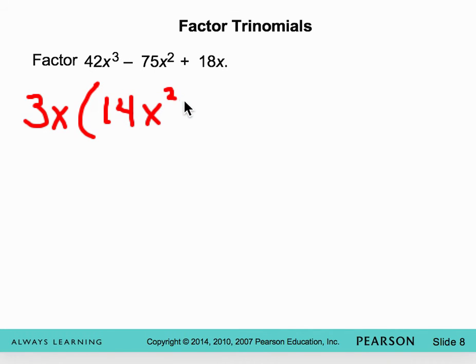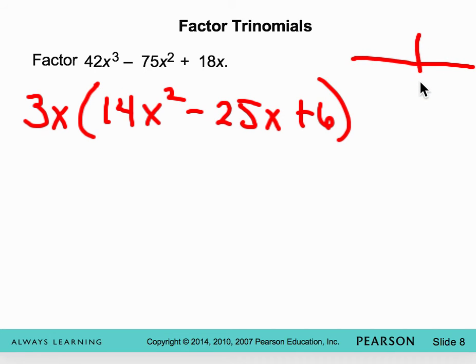Now, if I didn't know it, go over and say, what's 42 divided by 3? If I factor a 3x out of this term, it's going to leave 25x. And if I factor a 3x out of this term, it's going to leave 6. All right, now I'm going to check my numbers and see if that's the biggest one. 14 and 25, nothing in common.